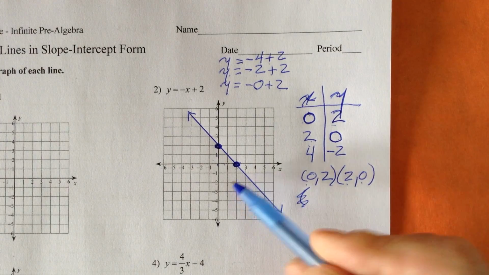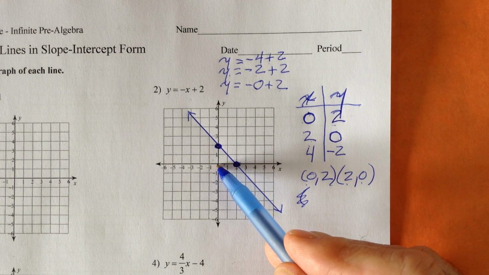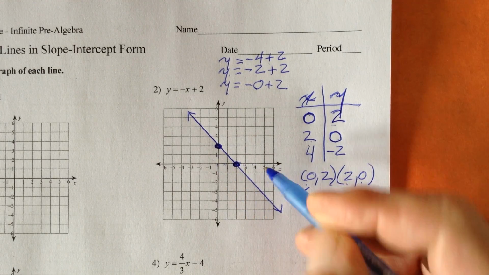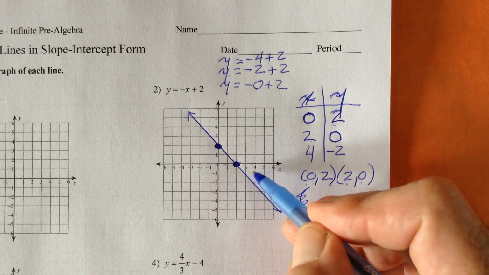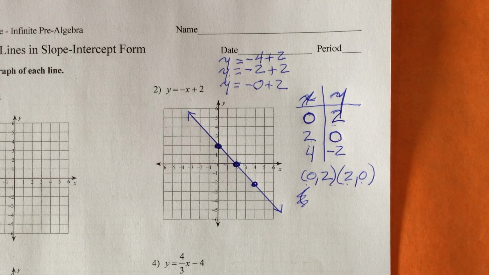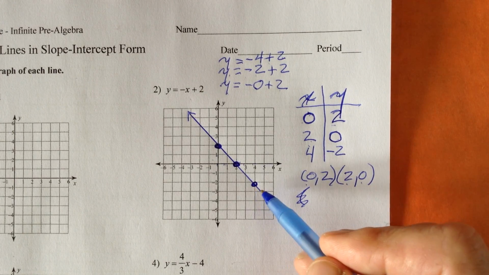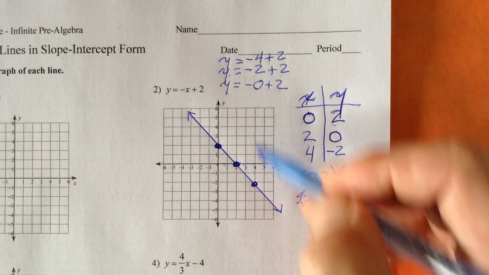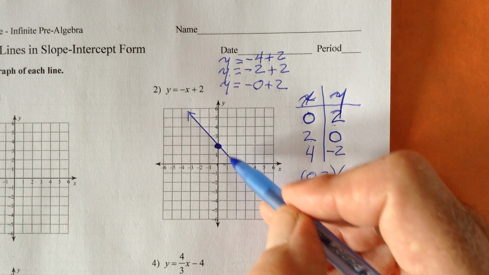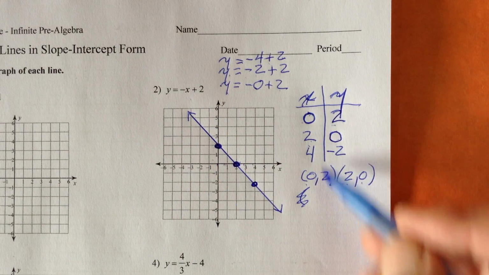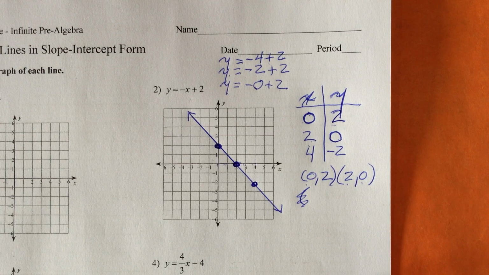So you'll see here, if I go x is 4, 1, 2, 3, 4, then the y is negative 2, so I've got to go down 1, 2. Look at that. It's right on the line. Okay? So you can see if I keep changing the x, the y will also keep changing in the same proportion, and the dots will all end up on this line somewhere if I keep on changing the x. Okay?